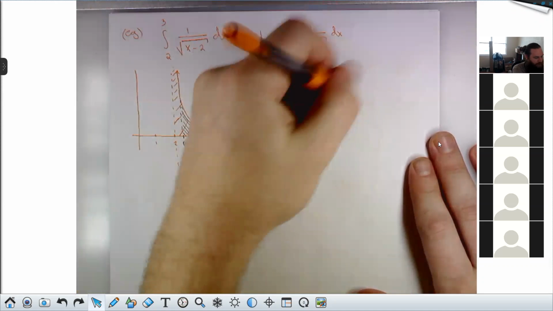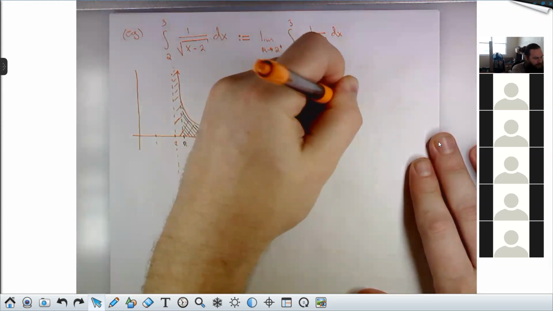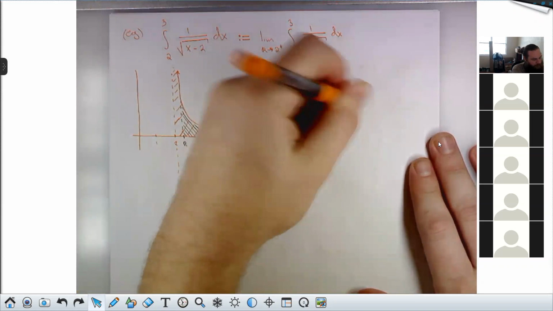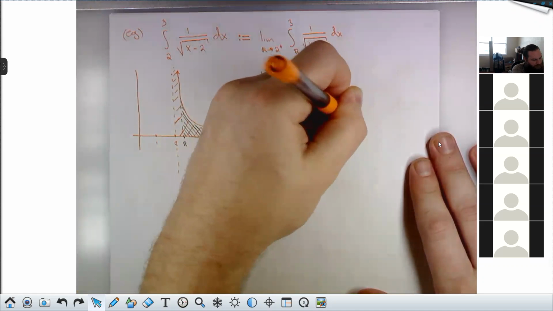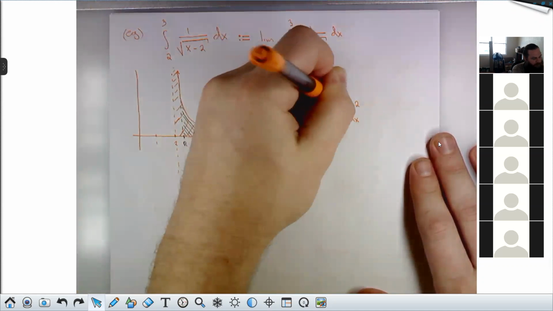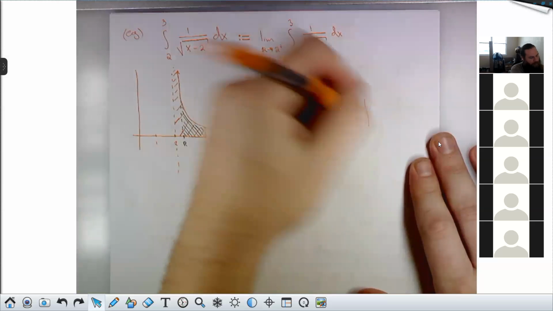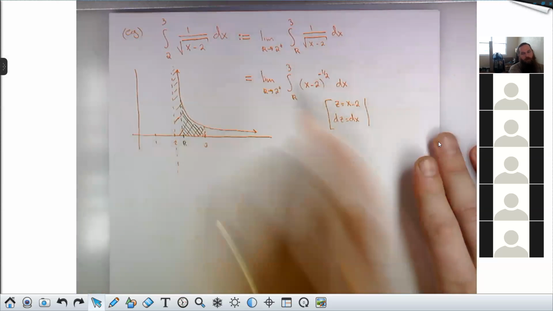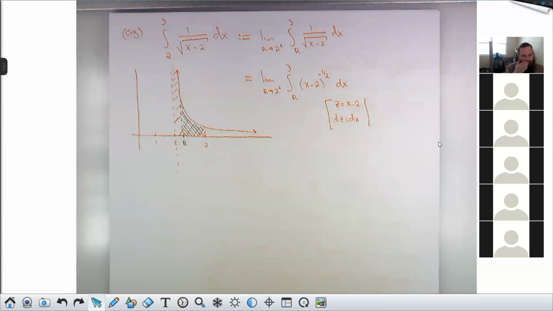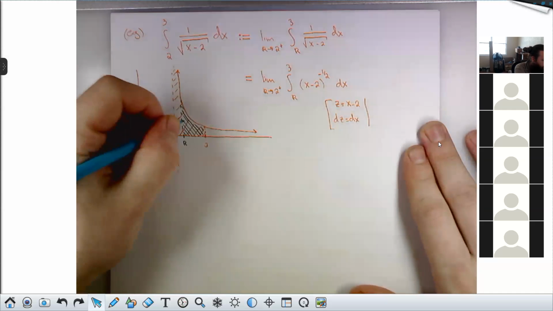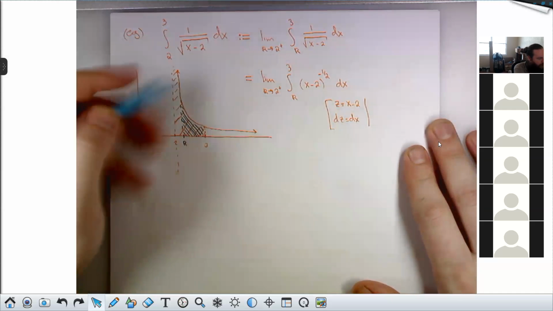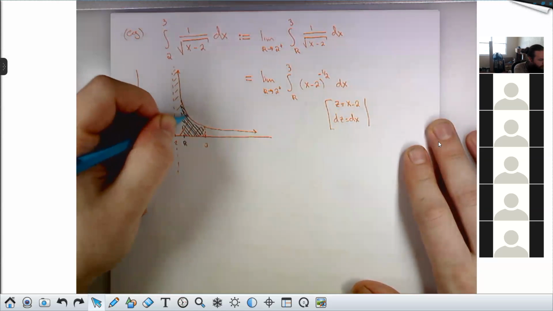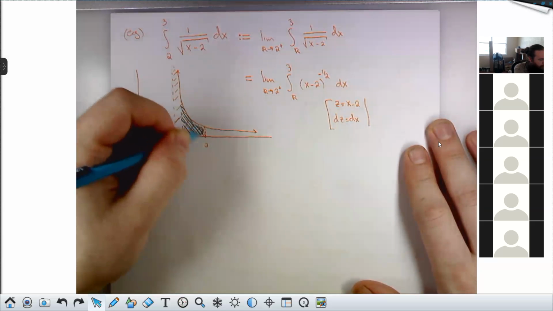I'll let z be x minus 2, dz is dx. And it's important you write this as a limit before you do your substitution. Remember, all of the stuff that we have for our integrals only works for regular proper integrals. If you want to use a substitution or IBP or trig sub or anything on an improper integral, first you have to write it as a limit of proper integrals.